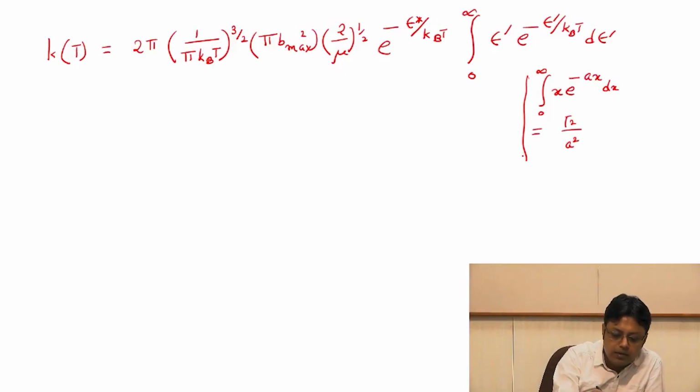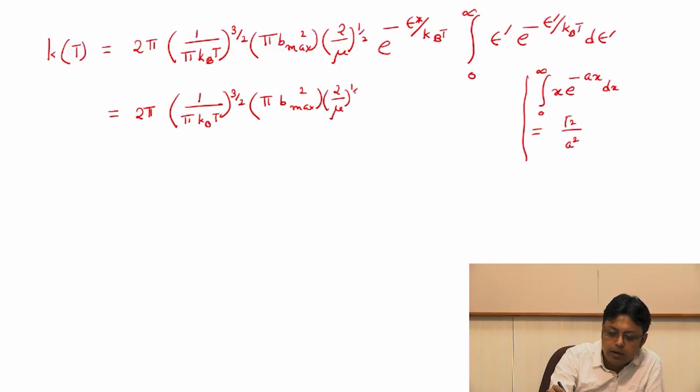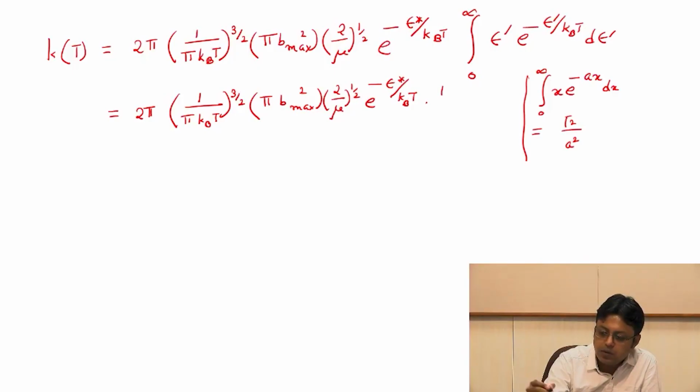So we can now evaluate. So it is 2 pi times 1 by pi kBT raised to the power 3 by 2. Then I have pi b max squared times 2 by mu to the power half, e to the power minus epsilon star by kBT, times the value of this integral, which is 1 over a squared.